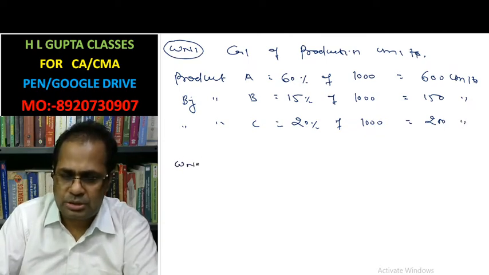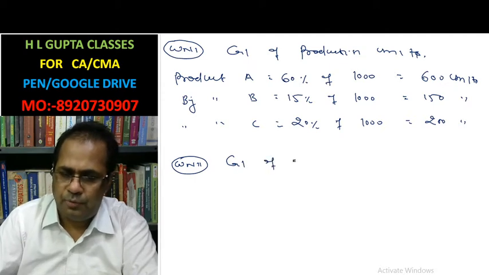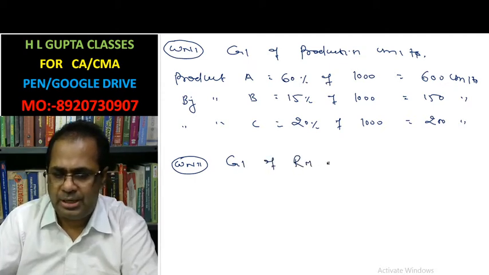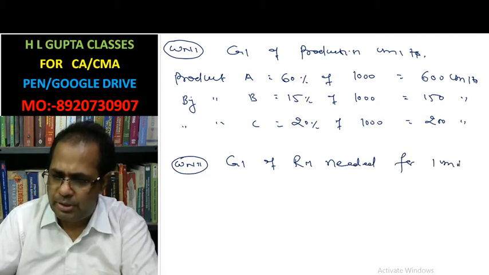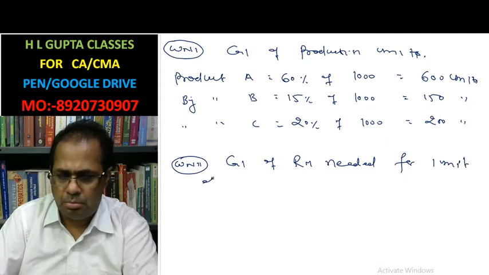Now working note second: calculation of raw material needed for 1 unit of output.